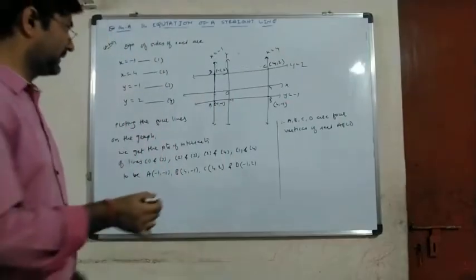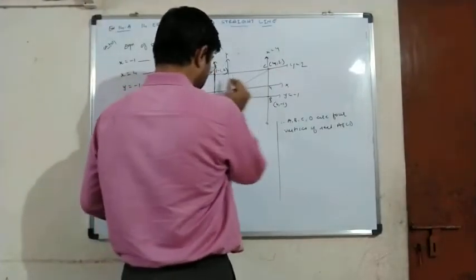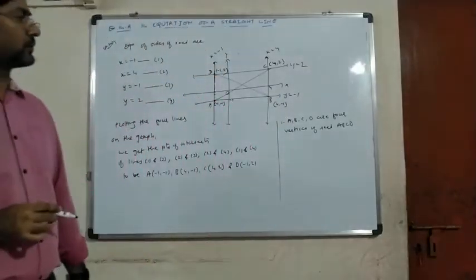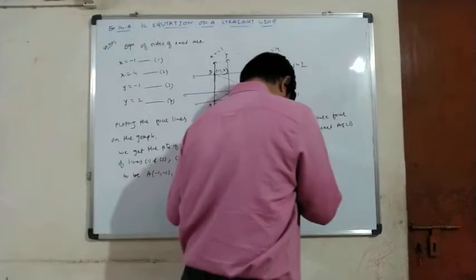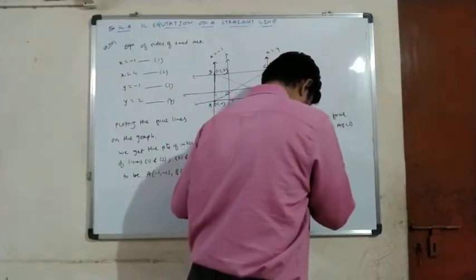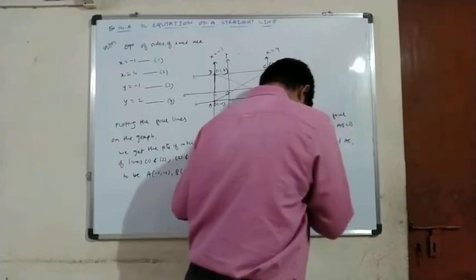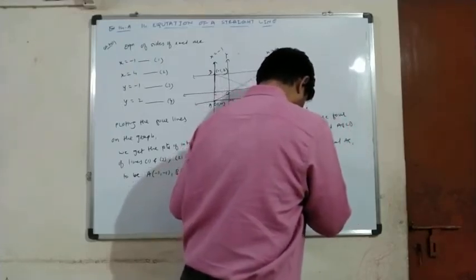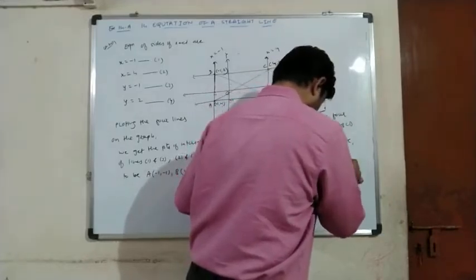Now we have to find the equations of the diagonals, that is AC and BD. So obviously now we can use the 2-point formula, yes or no? First for AC and then for BD. Equation of diagonal AC. We have point A minus 1 comma minus 1, and point C 4 comma 2.